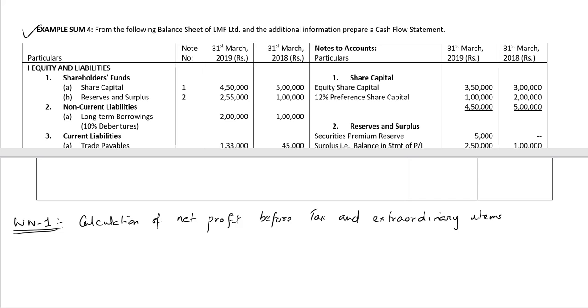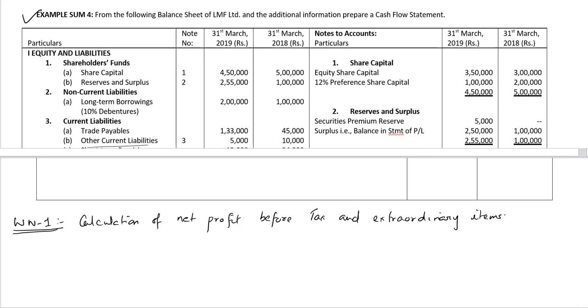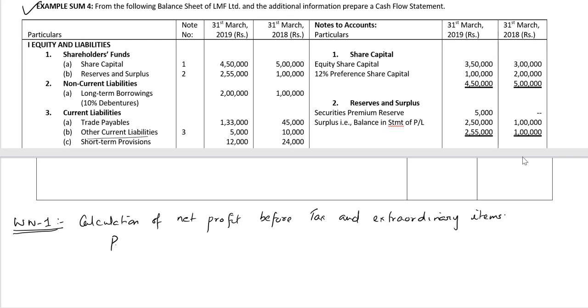Let's begin with the profit for the current year. As per note 2, reserves and surplus, again surplus, that is balance in statement of profit and loss.